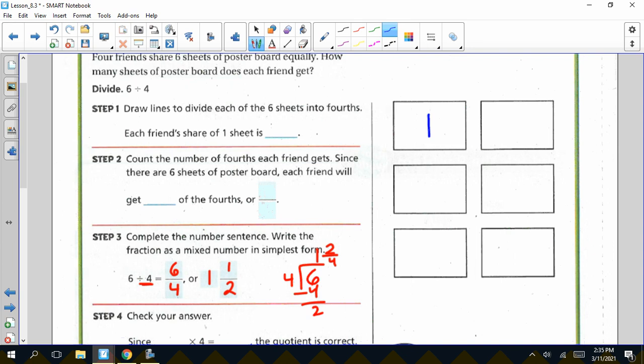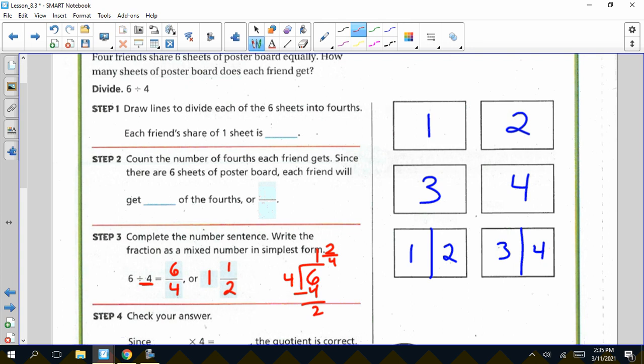The other way to look at it is if I had 6 sheets of poster board, person 1 is going to get a full sheet. Person 2 is going to get a full sheet. Person 3 and person 4 are also going to get their own full sheet of poster board. If we then take the last two and split them in half, person 1 would get a half, person 2 would get a half, person 3 would get a half, and person 4 would get a half.